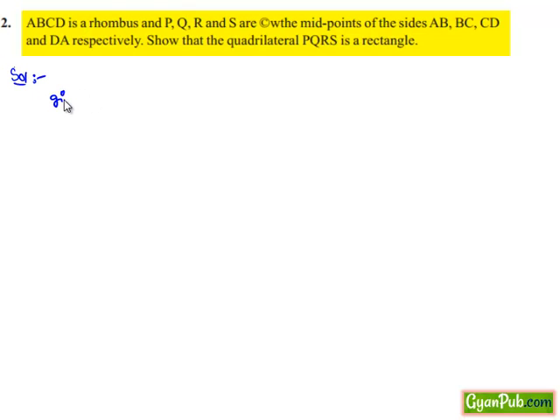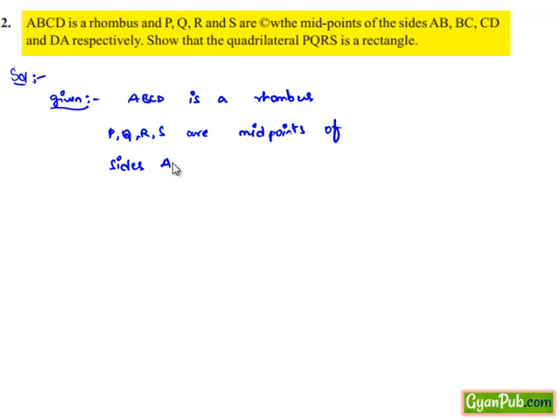Given that ABCD is a rhombus in which P, Q, R, S are midpoints of sides AB, BC, CD and DA respectively. Let us draw a figure regarding it.